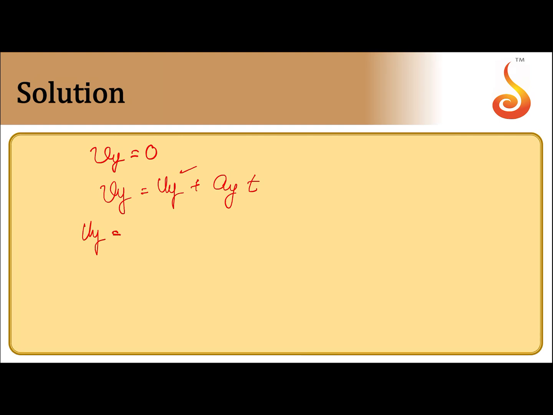Uy is equal to 40. And do I know the value of Ay? Not directly. I can write it as Fy divided by mass. What is the force? That is minus 5. What is the mass? 5. So what do I have? This is nothing but 1 meter per second square with a negative sign, which simply means that the particle is decelerating.